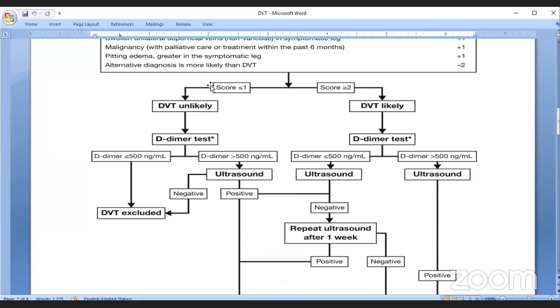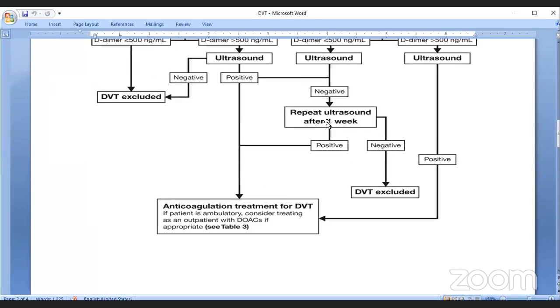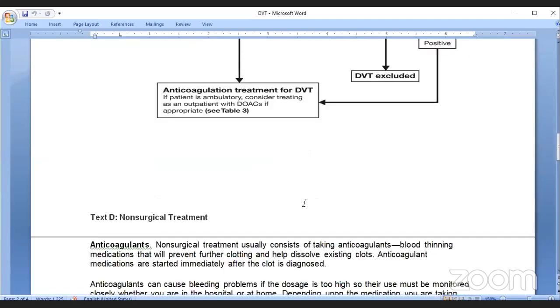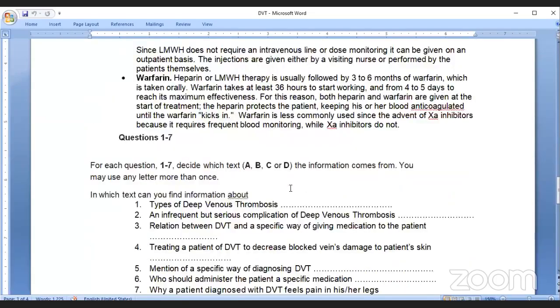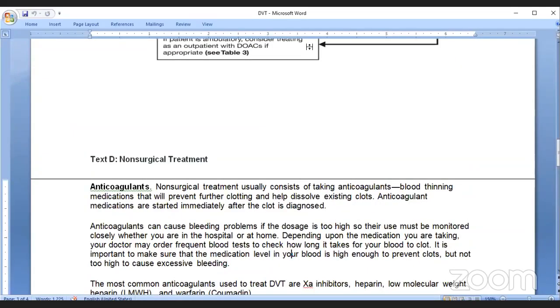If the score is less than 1, what to do? If the score is more than or equal to 2, what to do? Repeat ultrasound after 1 week, DVT excluded. Anticoagulant treatment for DVT, so this is text C. In text D, non-surgical treatment of DVT.